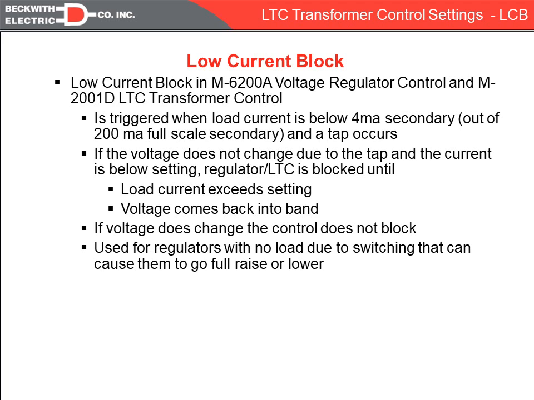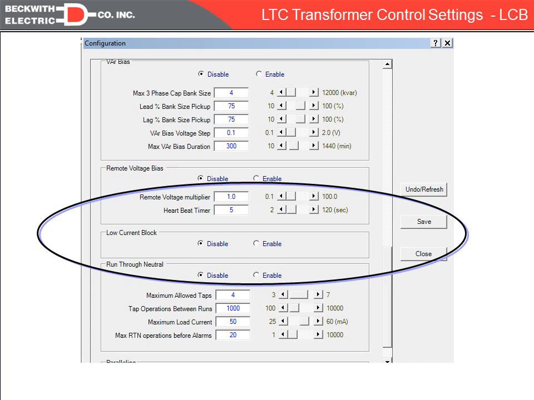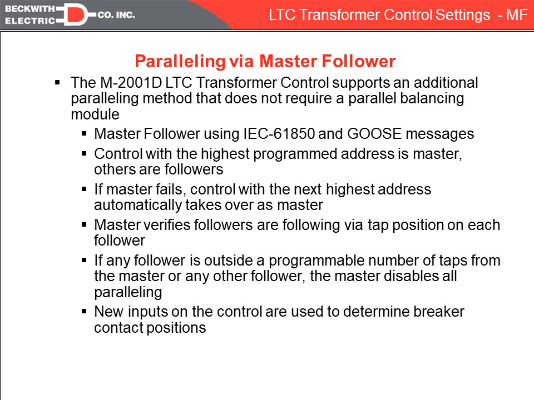If it goes 2 consecutive taps without seeing a voltage change, it assumes it is now on the wrong side of the regulator and that we are actually in reverse power, and it will block and stay blocked until the load current comes back above 4 milliamps. And we would enable that feature right here on the version of TalkTalk.